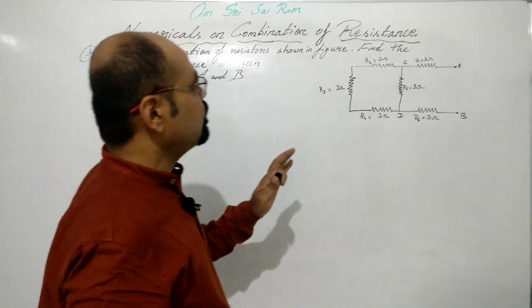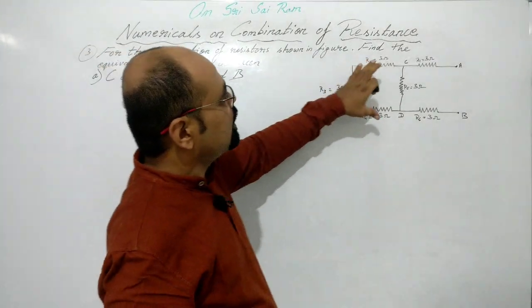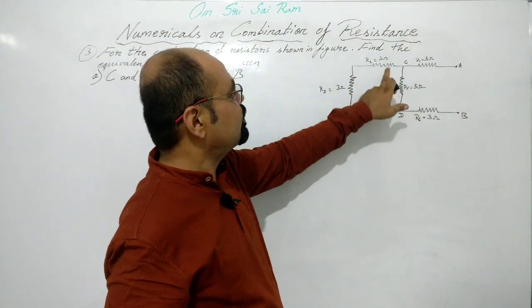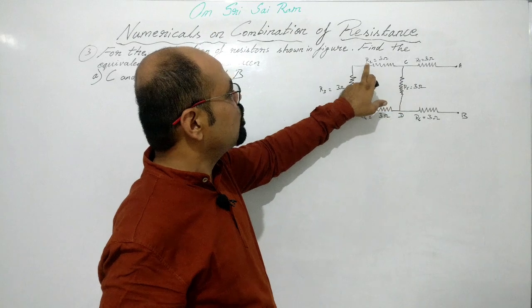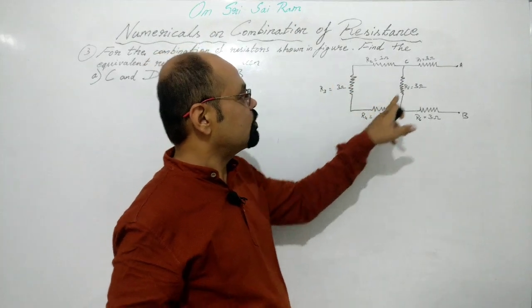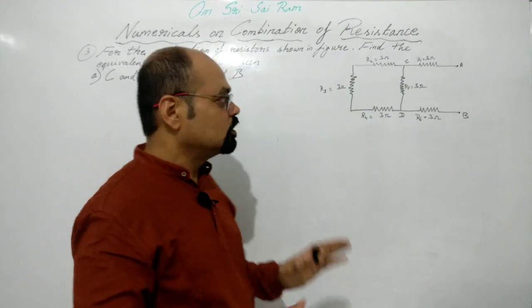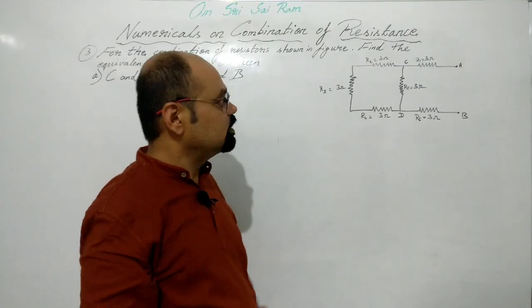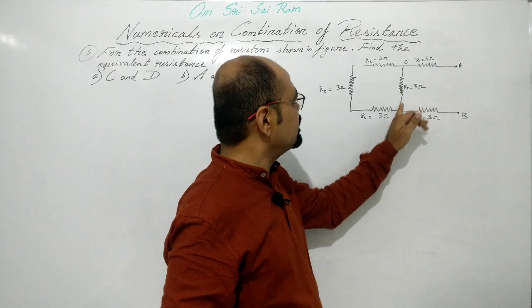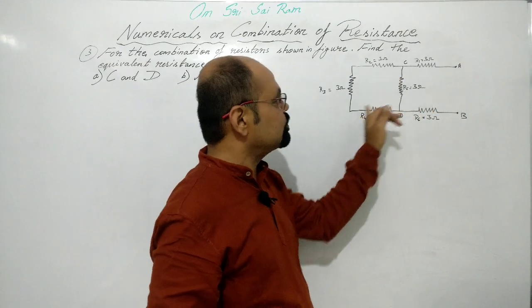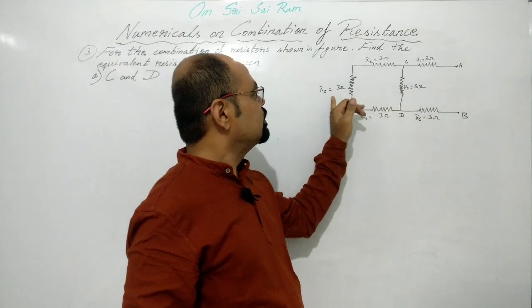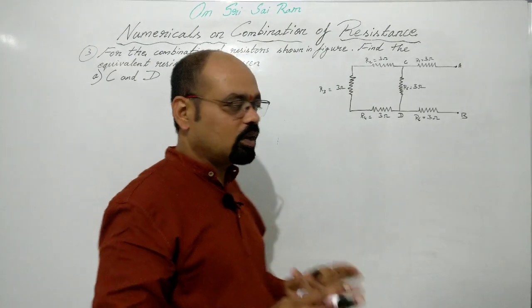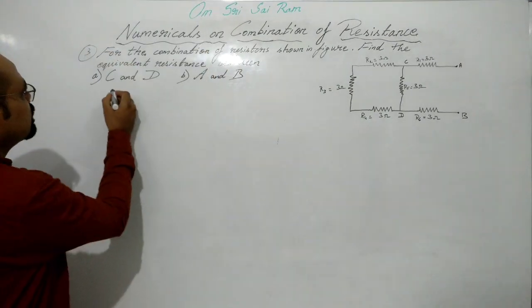Okay, so now we want the equivalent resistance between C and D. Between C and D comes only R2, R3, R4 and R5, right? So in that too, R2, R3 and R4 are in series, and between C and D, R5 is parallel to these three resistors. So now let's write given.